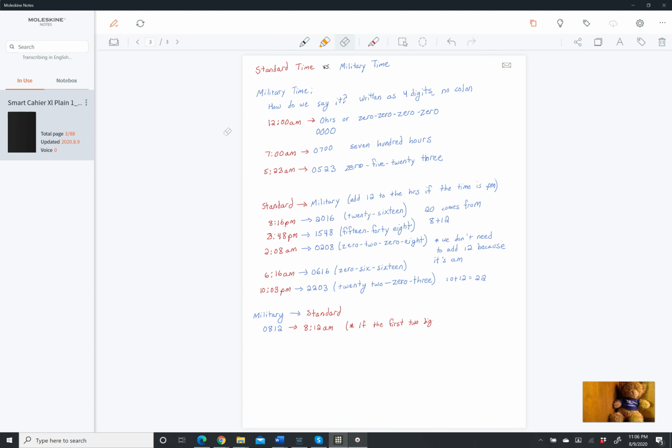So if the first two digits are less than 12 when read together, right? Not each individual digit. That wouldn't make sense.